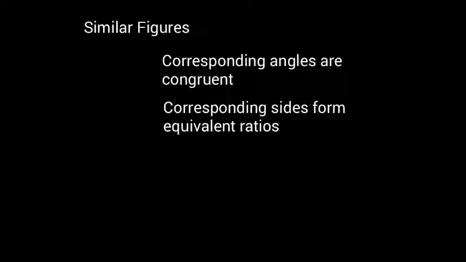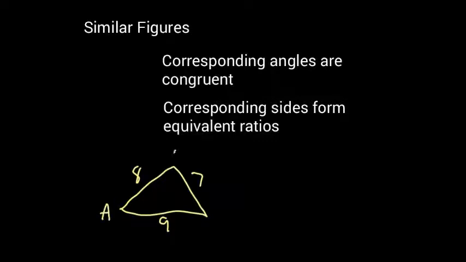So if I have a triangle, and let's say the sides are 8, 7, and 9, we'll call this ABC. The corresponding sides have to be equivalent.